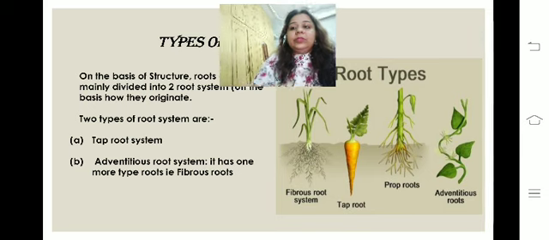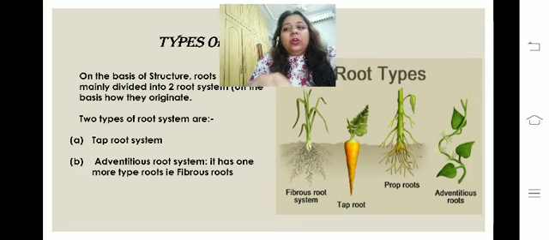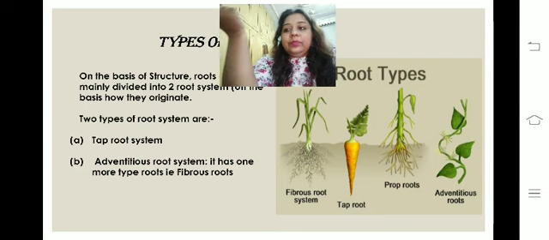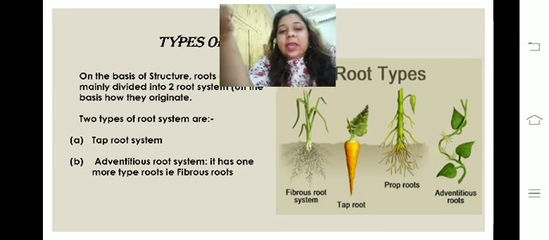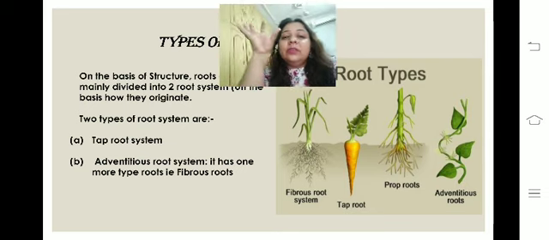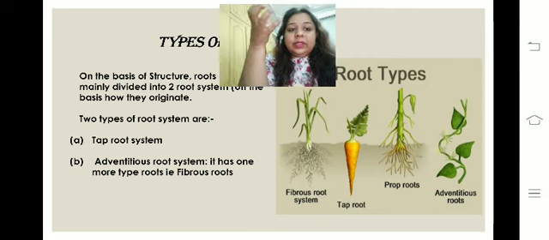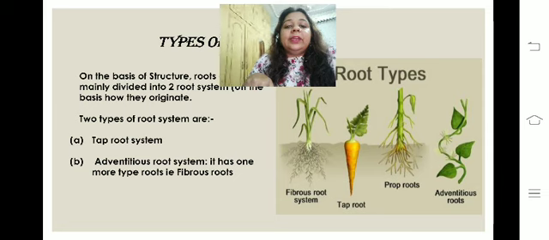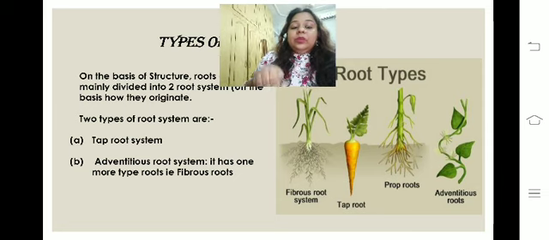So the first one is the taproot system, as I said. All dicotyledonous plants have a taproot system. It starts from the main root, which penetrates deep inside the soil.